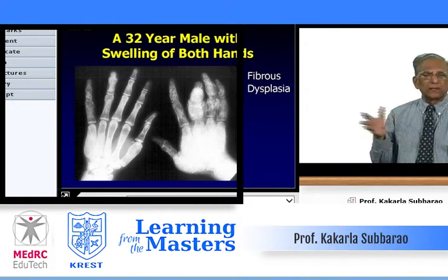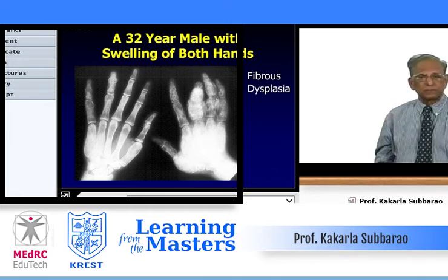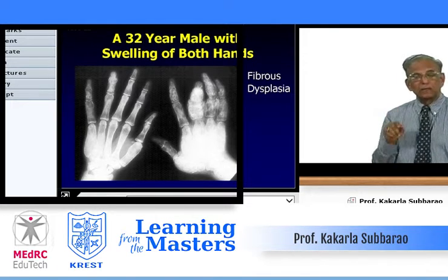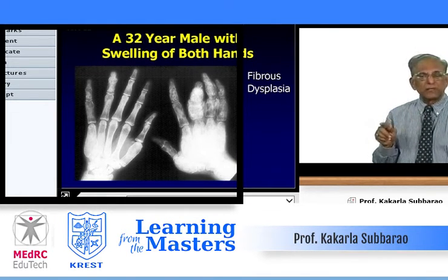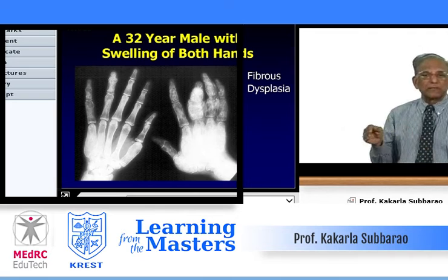Often it is the iliac bone or a rib. And then there is a third variety called Albright syndrome, that is fibrous dysplasia in girls with precocious puberty and also skin pigmentation. Of course, this is bilateral, so this is polyosseous fibrous dysplasia.